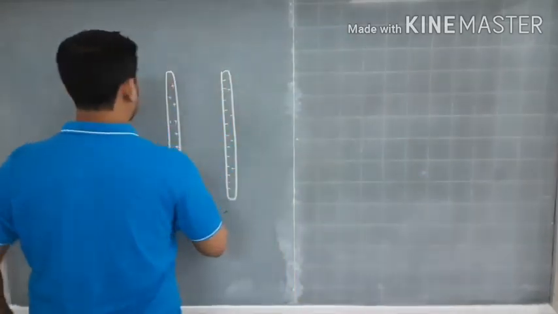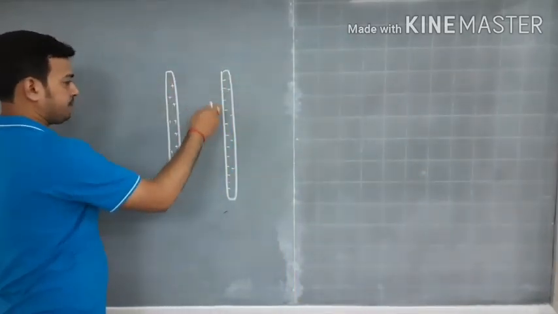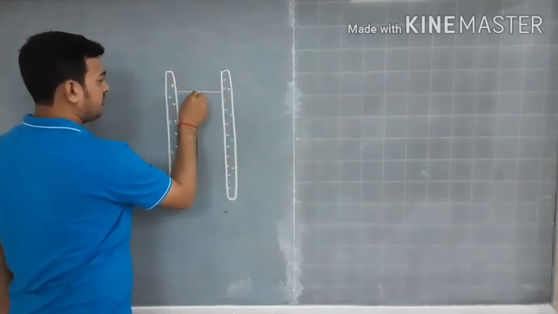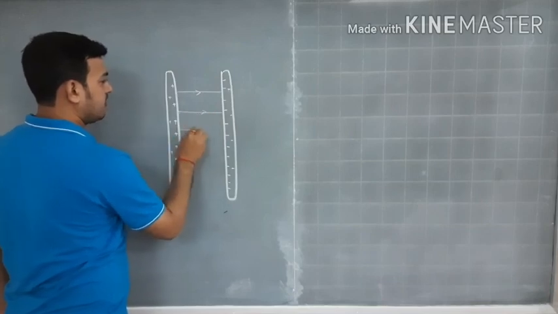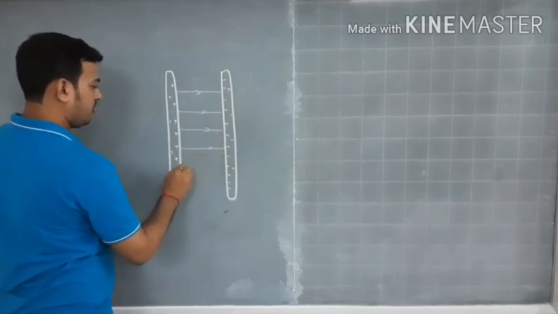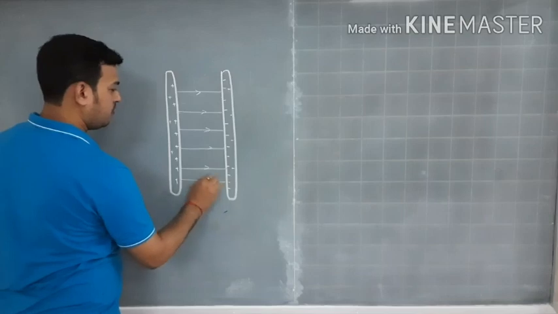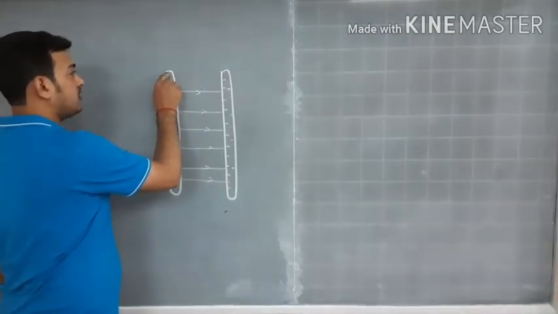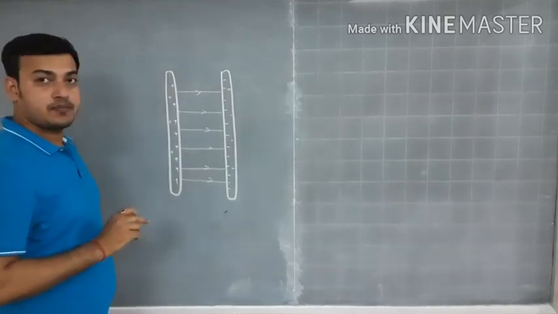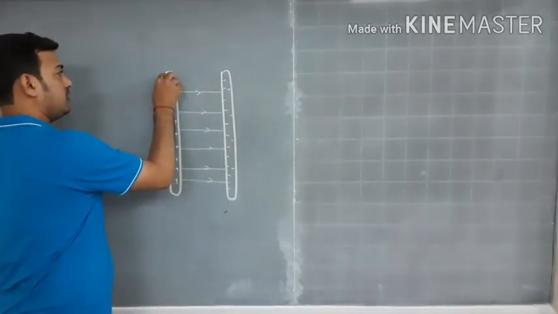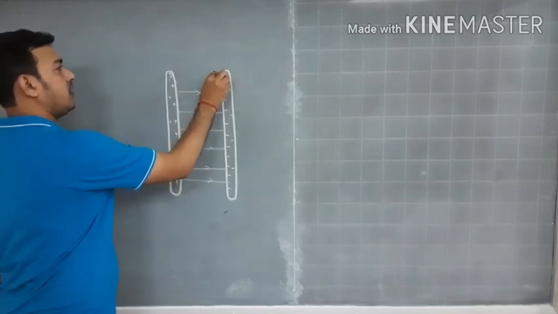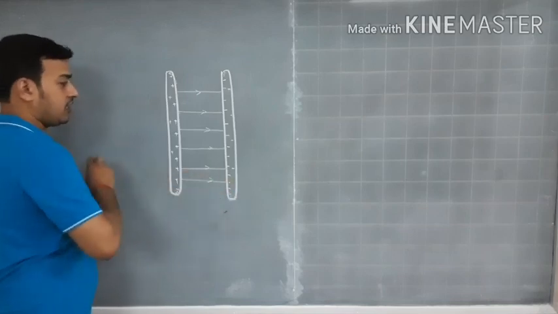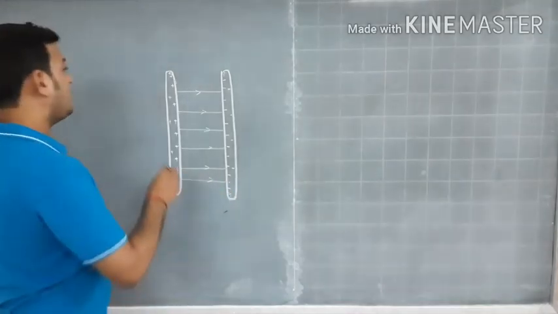If I am interested in drawing the field, then inside the region, the electric field lines will be from the positive plate towards the negative plate, and we know that these ends are sharp, so the density of the charge here and here will be more. This has been already told to you earlier.